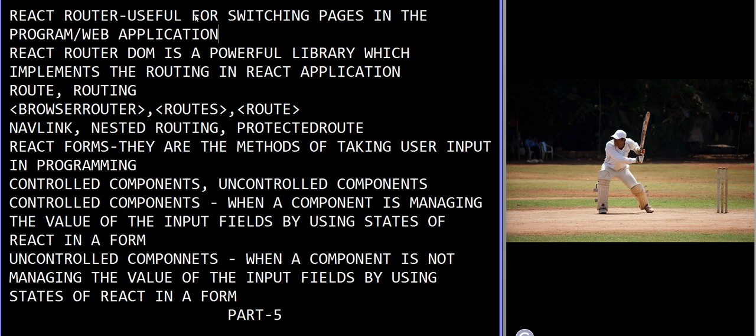While we are running a web application, React Router will be used in switching between the pages. It is good. After that, React forms. React Router we have seen in this part.